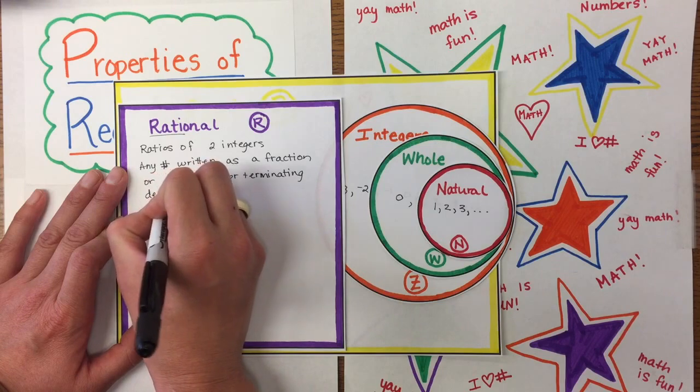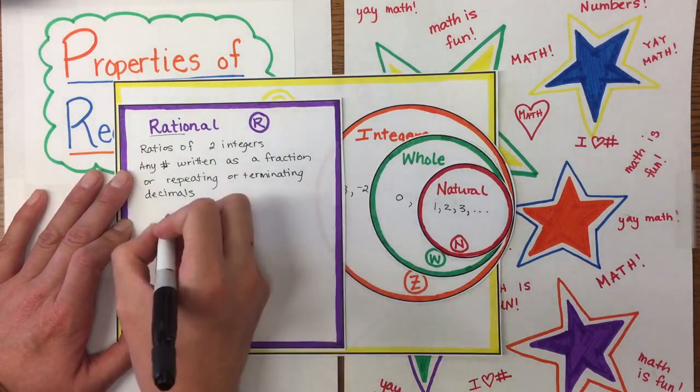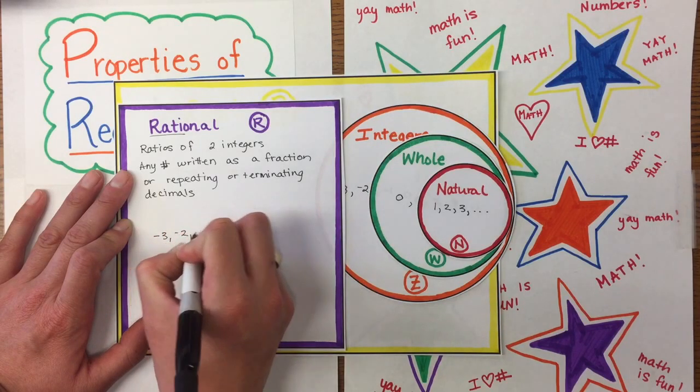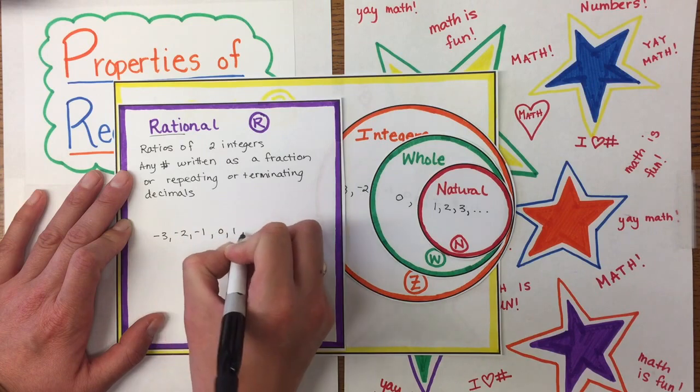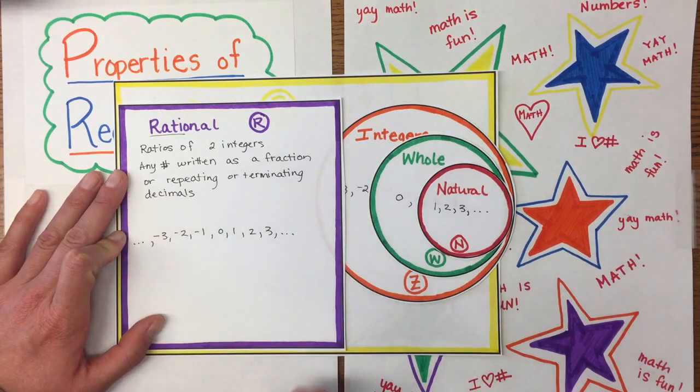Some examples of rational numbers: -3, -2, -1, 0, 1, 2, 3. So all integers are also rational numbers.